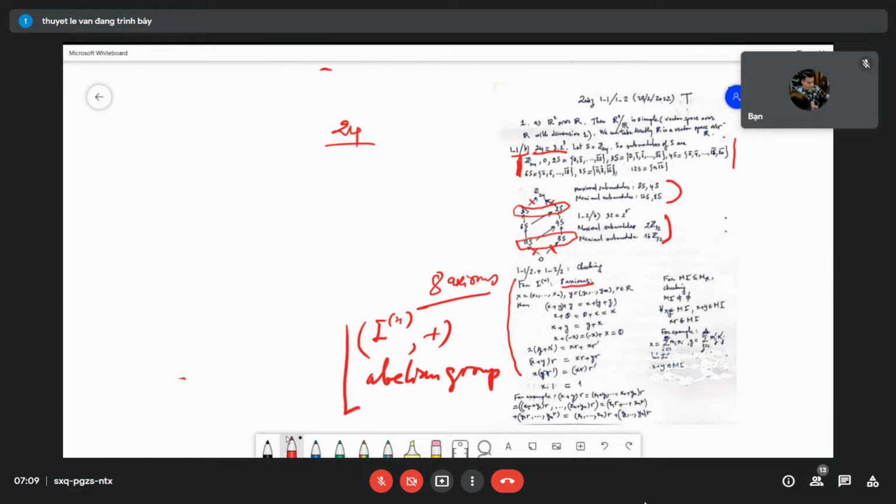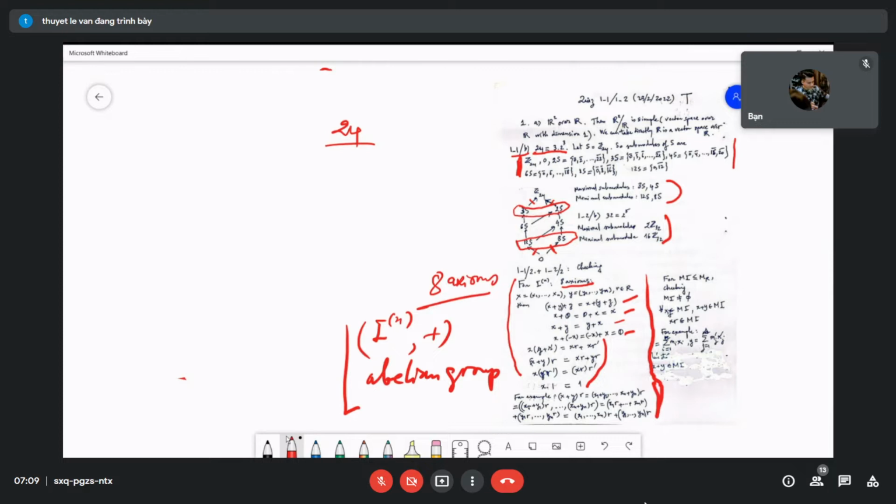And then this one, this one, this one, and this one. Here is abelian group, and then 4 is here. You should check this one. For example, I write one of these here. Okay, here is one example. You should check all of these.